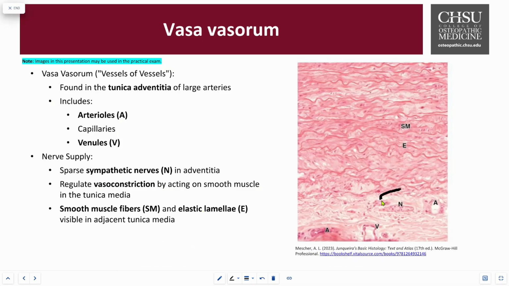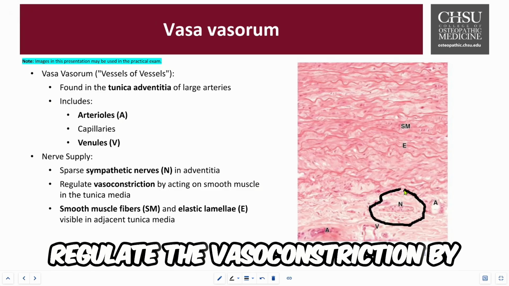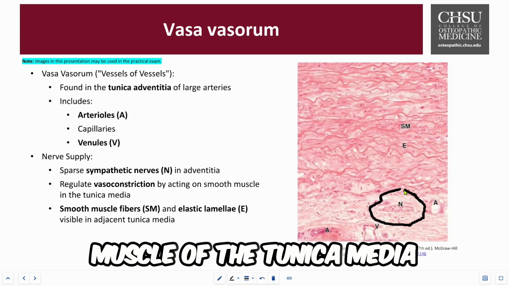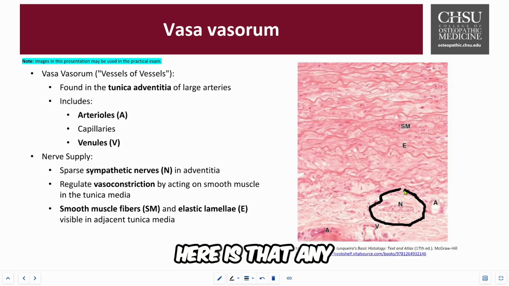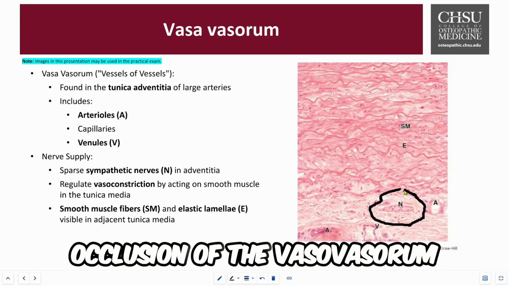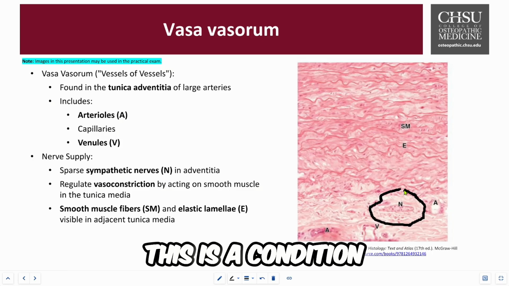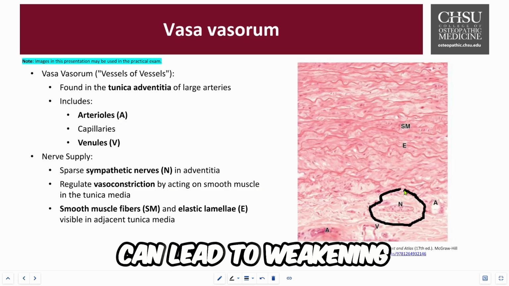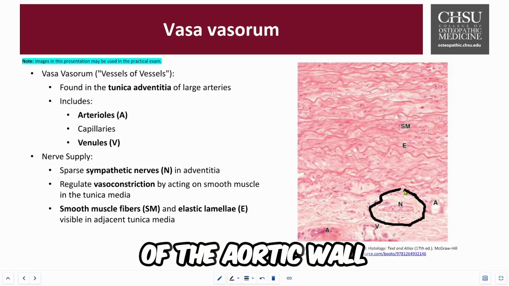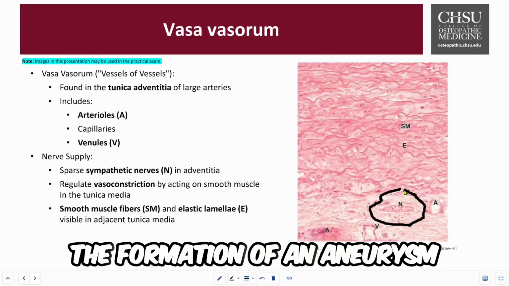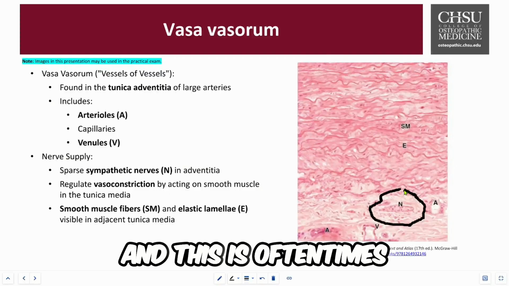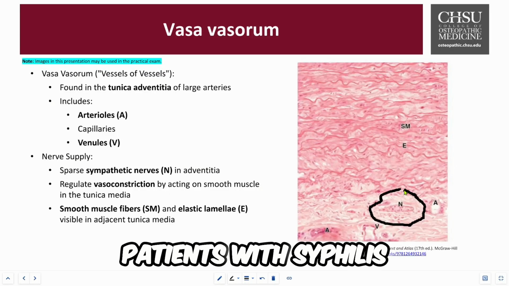Over here, nerves. These nerves can regulate vasoconstriction by acting on the smooth muscle of the tunica media. A clinical application here is that any inflammation or occlusion of the vasa vasorum, a condition known as aortitis, can lead to weakening of the aortic wall and even the formation of an aneurysm. This is often a complication seen in patients with syphilis.